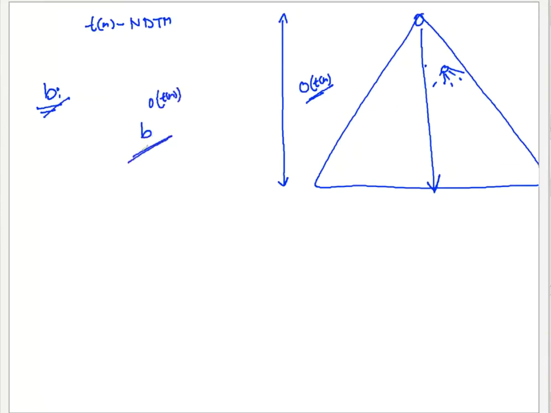Correct? Is it clear? Oh, I think this order will not be there because we are saying T(n) time. T(n) means the depth is T(n), so it is b to the power T(n).